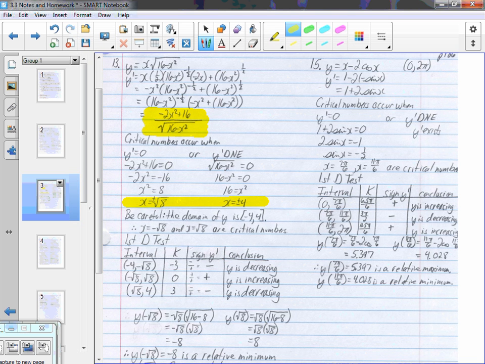So the domain of this function, they didn't restrict it. They didn't tell us it's restricted, but it is, isn't it? If x is a number bigger than 4 and I square it, 16 minus that number would give me a negative number. So anything bigger than 4 is not in the domain of this function.